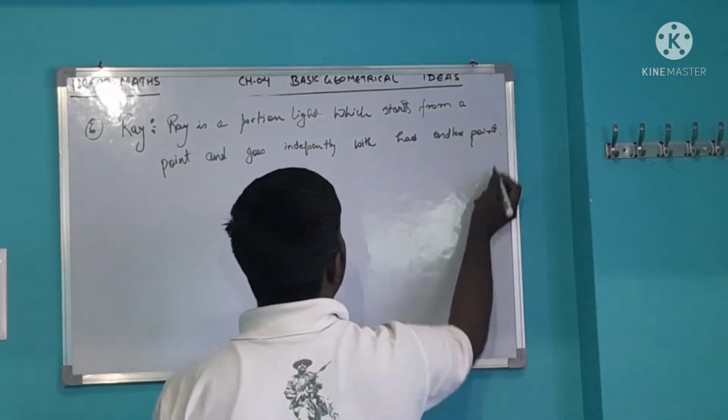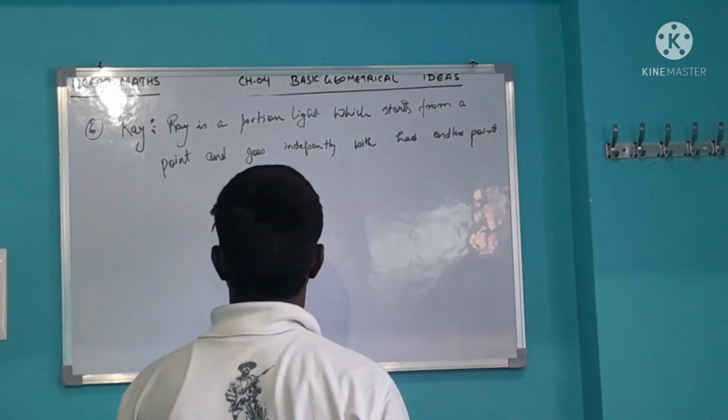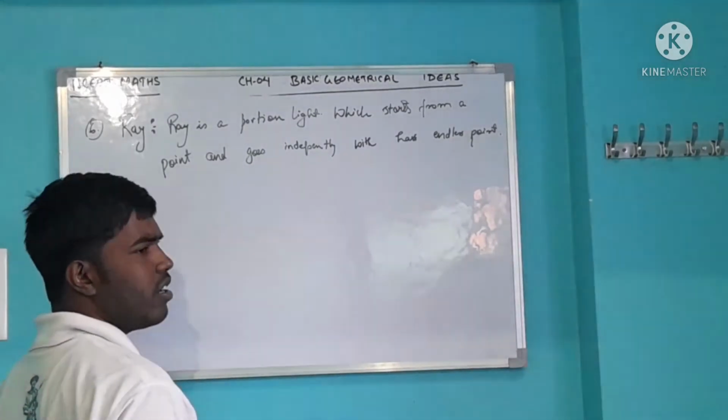So ray is basically a form of light which starts from a point but doesn't get an end point.